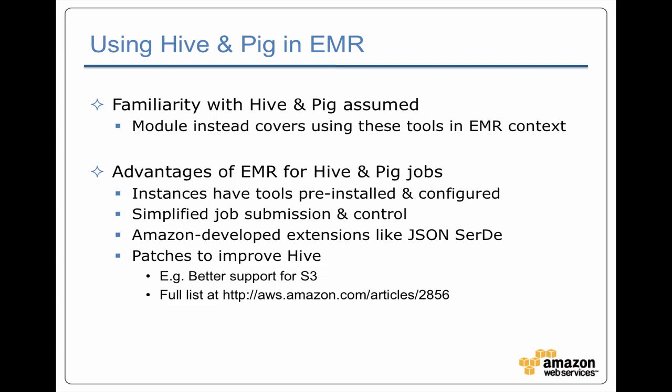And there are a bunch of patches that they've applied to Hive to improve how it runs inside of an Elastic MapReduce cluster. For example, there's various things that you can do with Hive in EMR, like reading and writing tables to and from S3 that you couldn't do with a regular version of Hive. And there's a full list of them on the Amazon website at the link you see here.